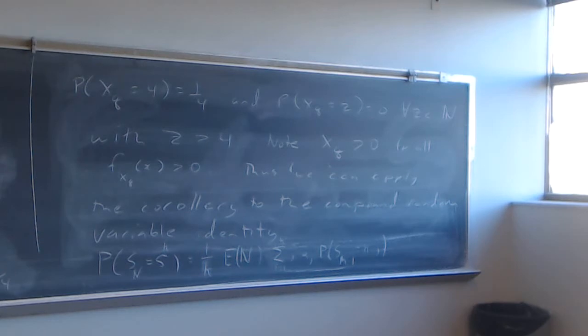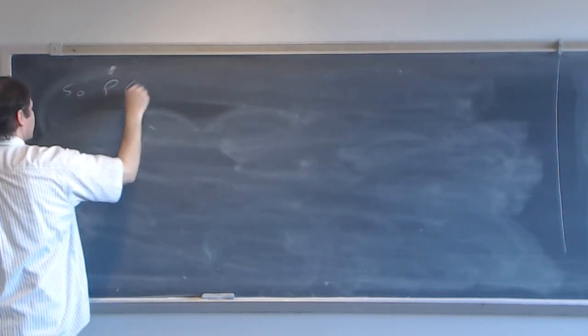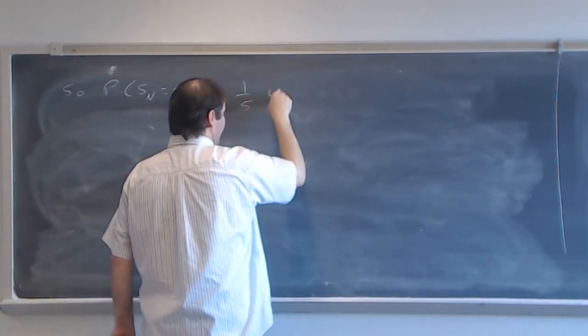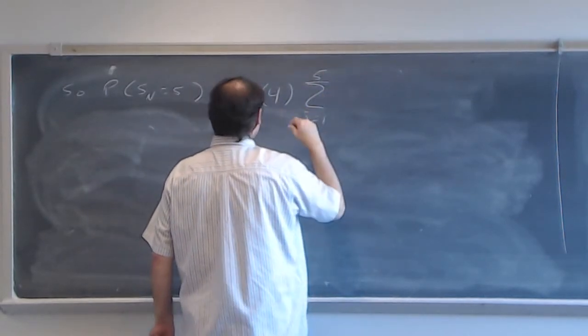Okay, so here's what we get. The probability that S_n equals 5 is 1 over 5, the expected value of n was 4 in our problem, and then the sum as j runs from 1 to 5.